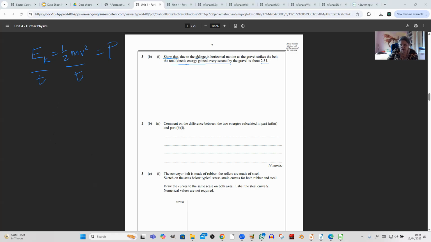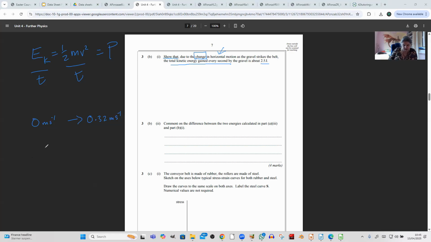Can you see that word there? And it's only the horizontal motion that they're worried about. So we're going from 0 meters per second up to 0.32 meters per second because of the previous question. So our initial kinetic energy is 0, so we're subtracting 0.